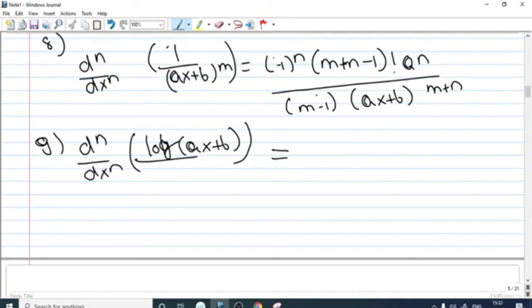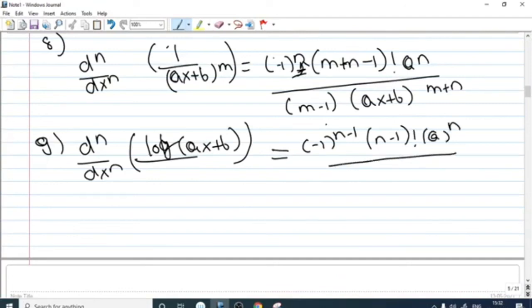And in the starting you will replace n by n minus 1. So here it will be minus 1 power n minus 1 into n minus 1 factorial, and here a power n will remain as it is, and m minus 1 will disappear. So ax plus b, since only n will appear because m has disappeared.